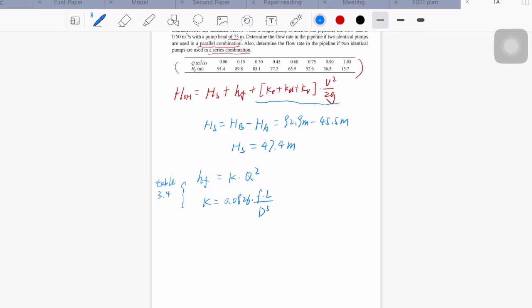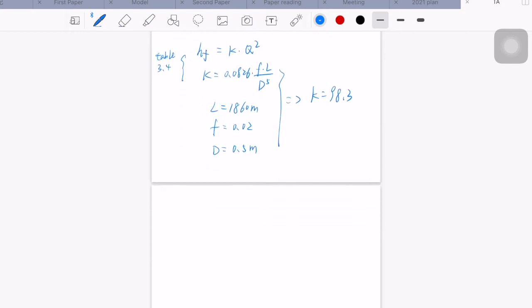And from this problem, we know that L equals 1,816 meter, and the friction factor equals 0.02, and the diameter of this pipe equals 0.5 meters, so we can determine the K value equals 98.3.